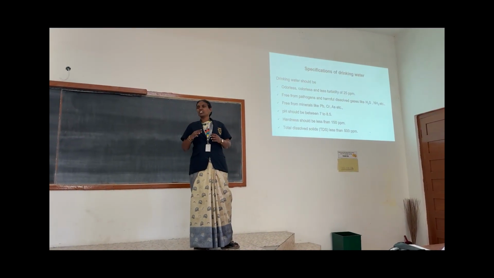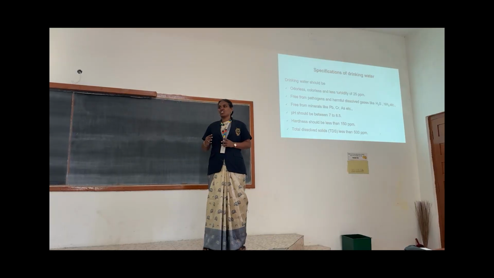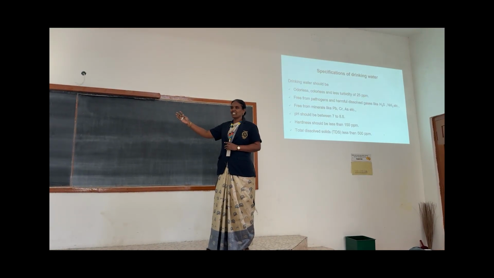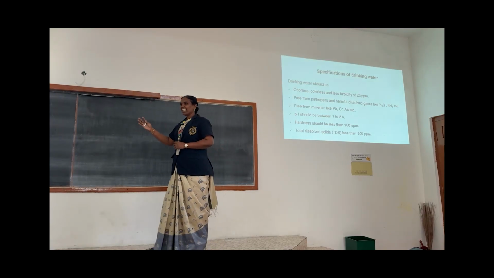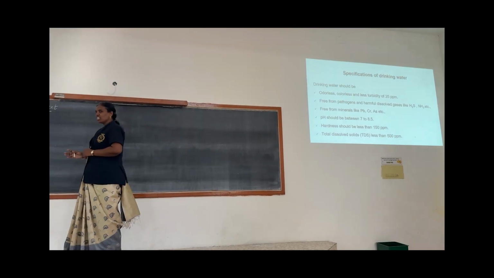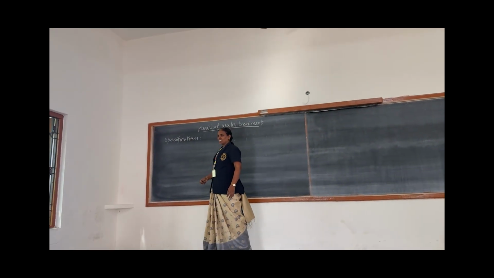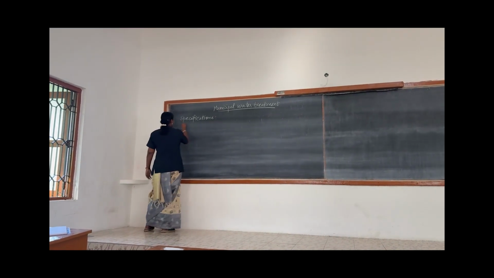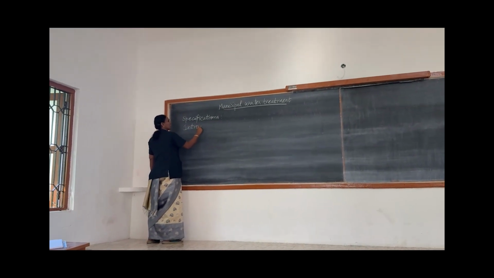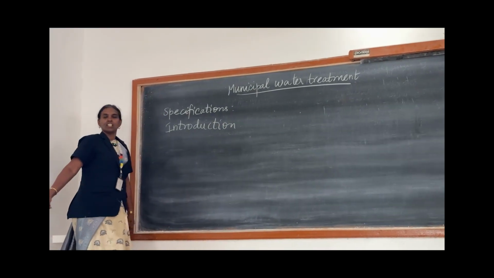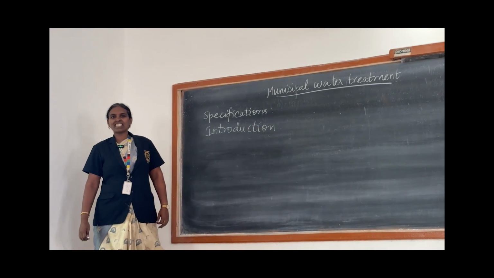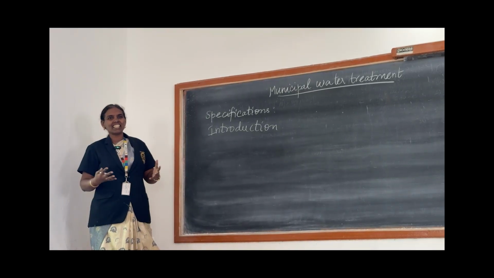Now, we are going to see various stages of municipal water treatment. First, we have discussed the specifications. Next one is the introduction. What is the introduction? You can write the sources of water. Sources of water means, say some sources, how we are getting the drinking water.